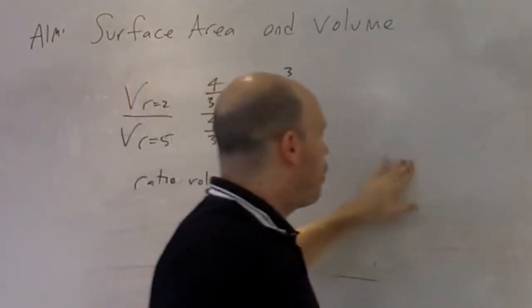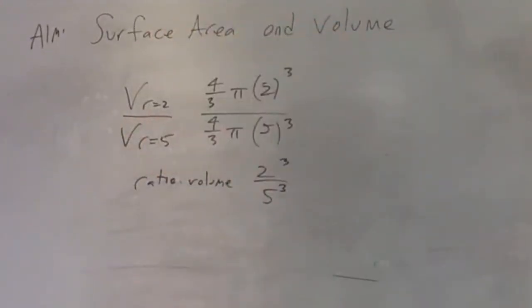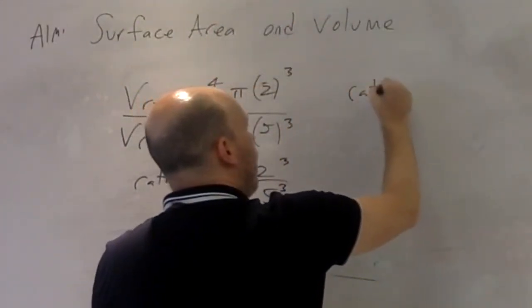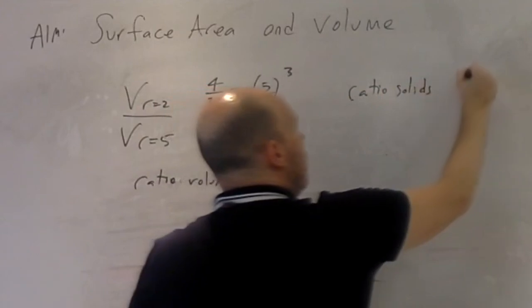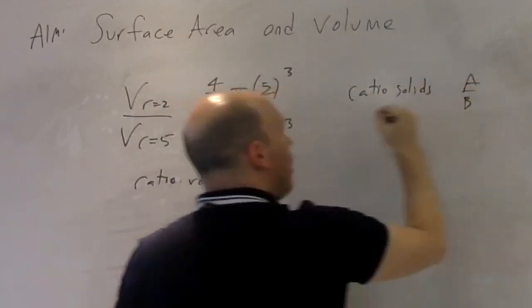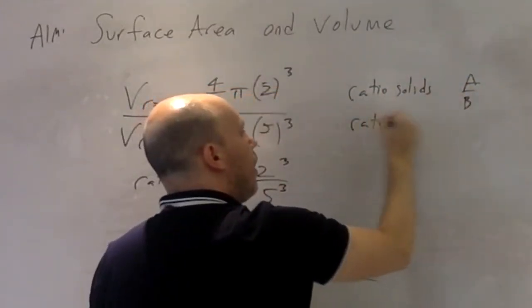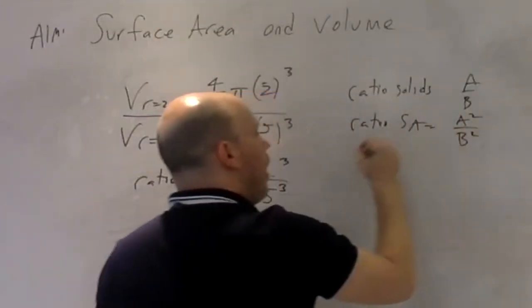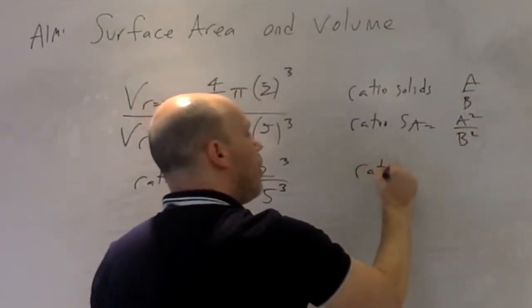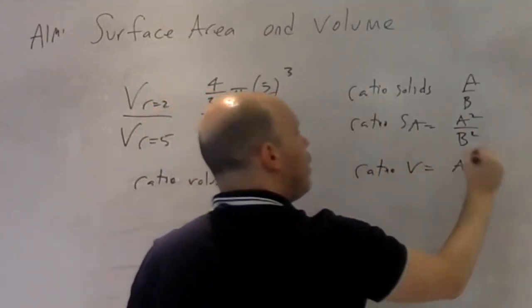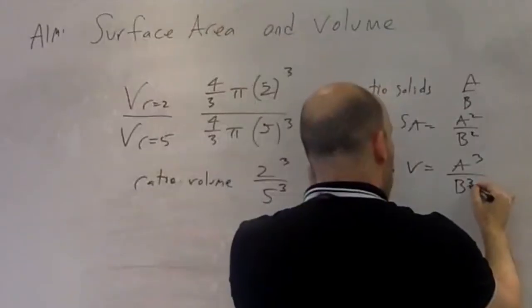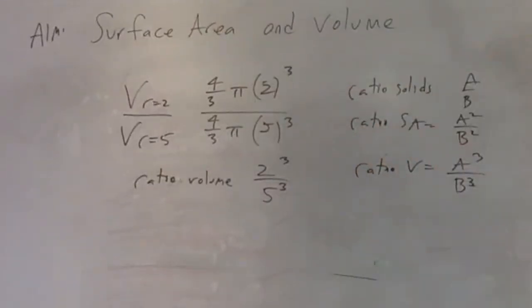So we can come up with some rules. The ratio of solids is A over B. The ratio of surface area is A squared over B squared, and the ratio of volume is A cubed over B cubed.